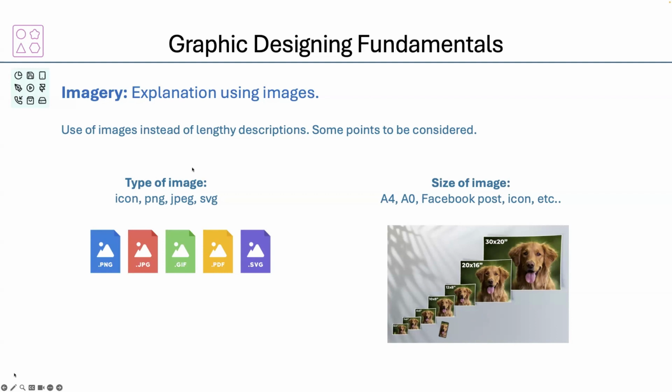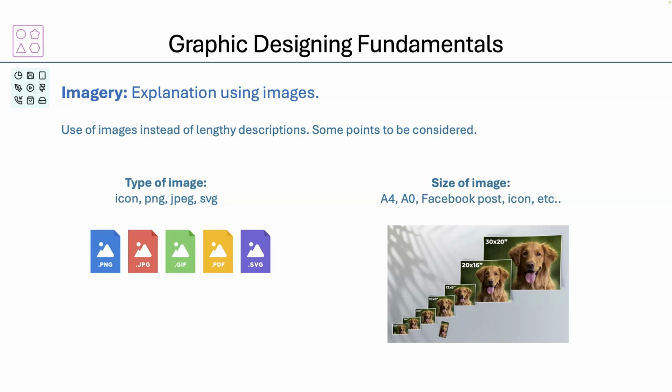So the second pillar of the graphic designing is the fundamentals, and the fundamentals of graphic designing is imagery. So basically, whenever you design any kind of image, or you are trying to design a poster or your social media post or anything, you need to take care of the imagery or images that you are using inside your design.